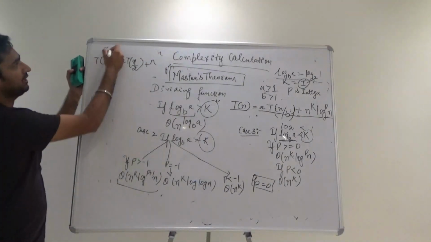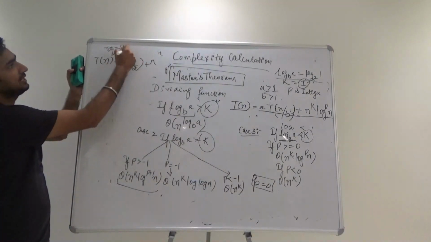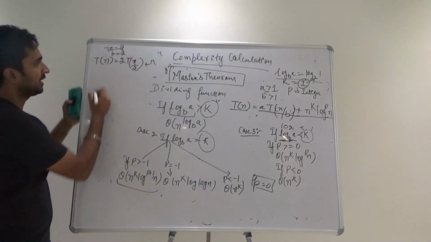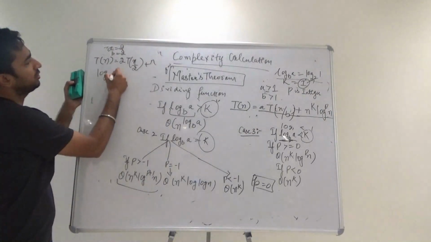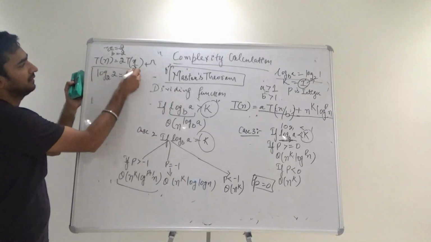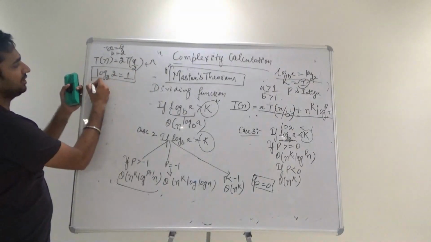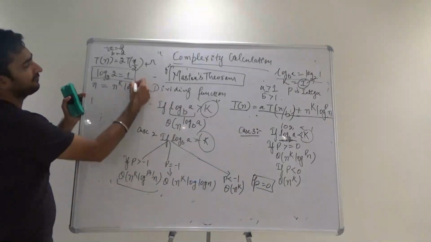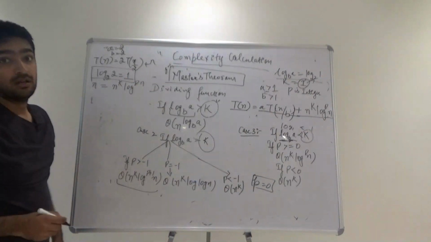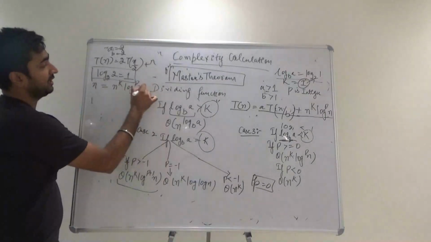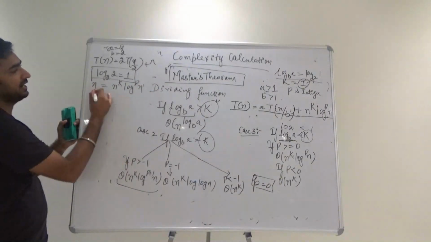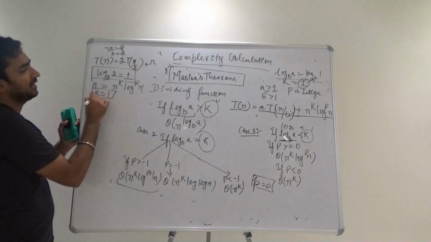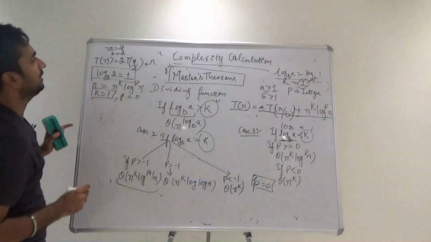So clearly your a is 2, b is 2, right? Log of 2 base 2 is already 1, right? Your k value is, you have to compare n with n raised to power k log to the power p of n. Over here we can get k value as 1 and your p value is 0.